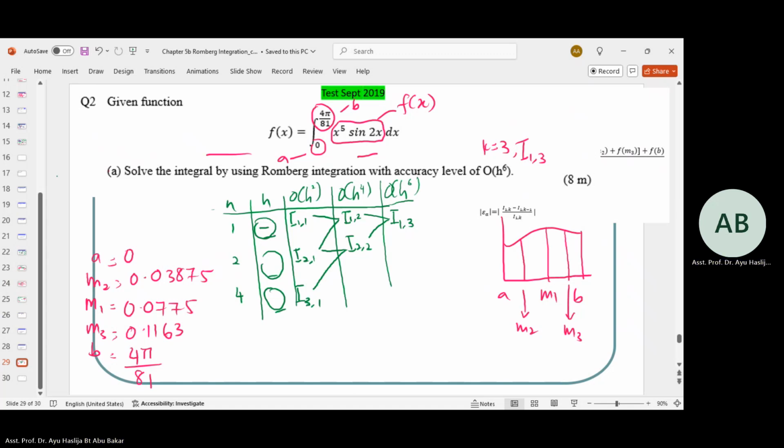H is B minus A. For N equals to 1, the H is B minus A, because N equals to 1, right? You get one over eight.